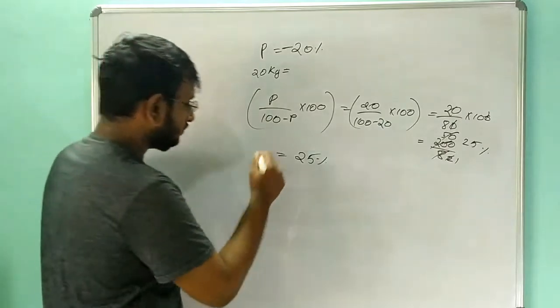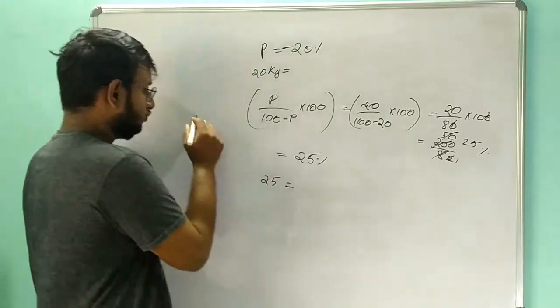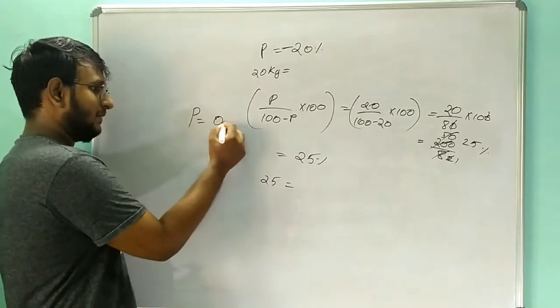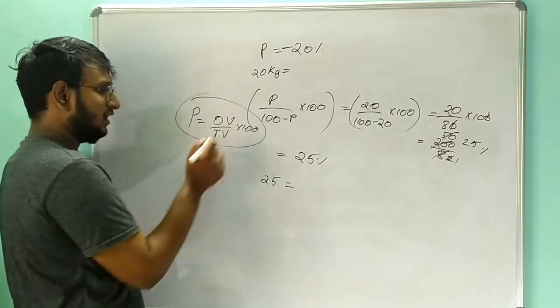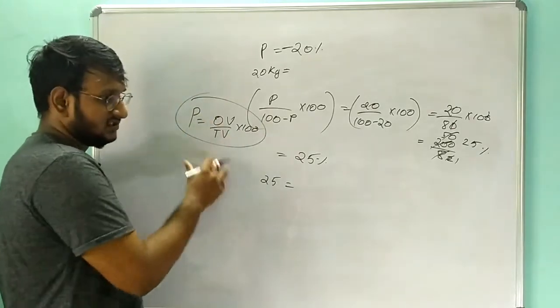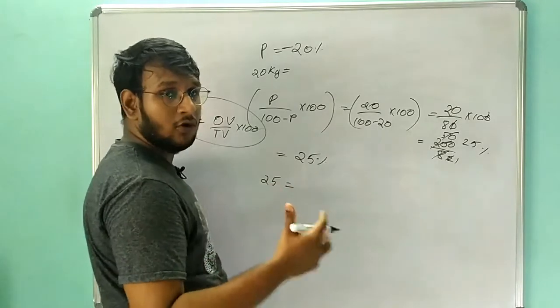So we are going to use the percentage formula, P is equal to obtained value by total value into 100. We know the percentage, that is 25% has been increased. We can increase the consumption by about 25%.